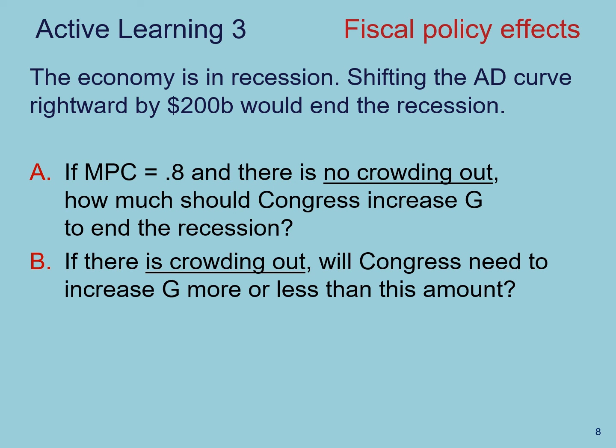Now for scenario B, imagine that there is crowding out. How much would government expenditures need to increase or decrease from scenario A to again end the recession? Please submit your answers on Top Hat, and we will review the answers in class.